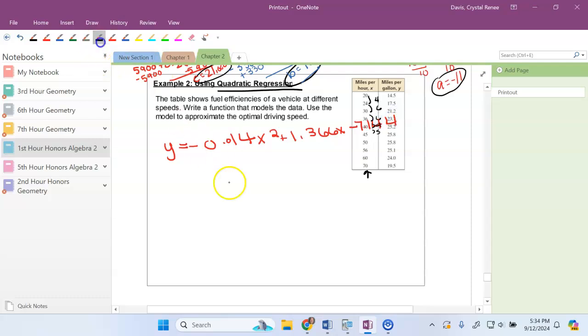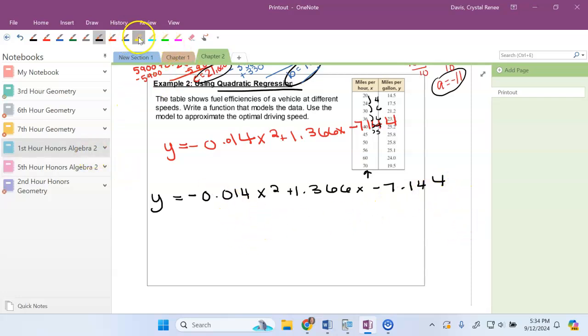Sorry, I went off the page. I'll write that a little clearer here. y equals negative 0.014x squared plus 1.366x minus 7.144. Okay, so this is my equation.